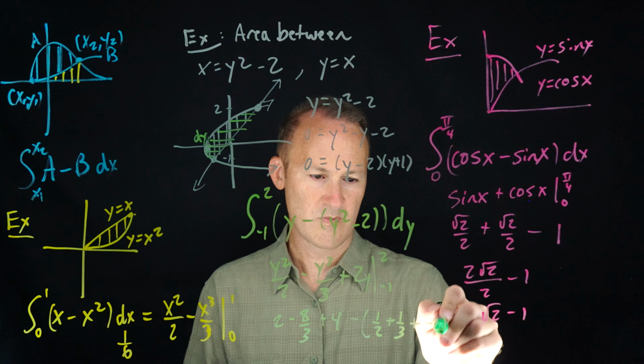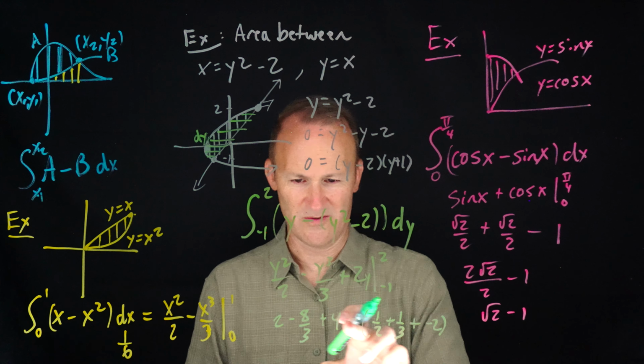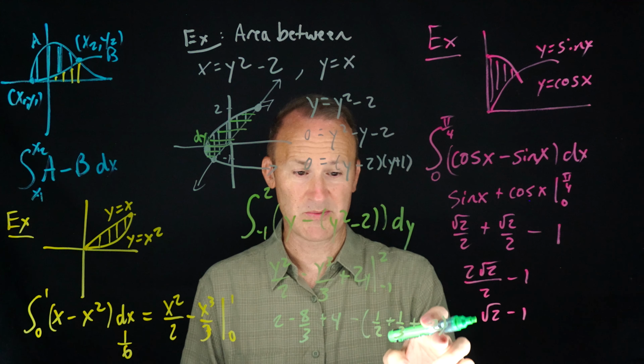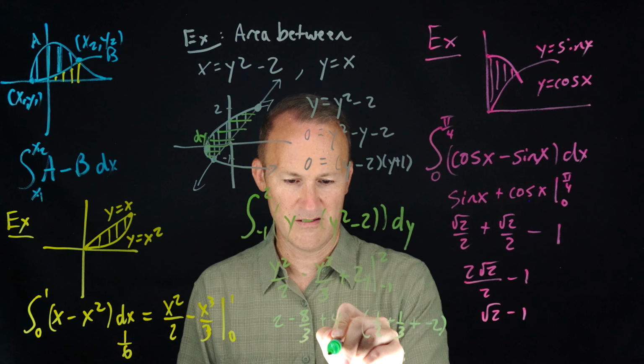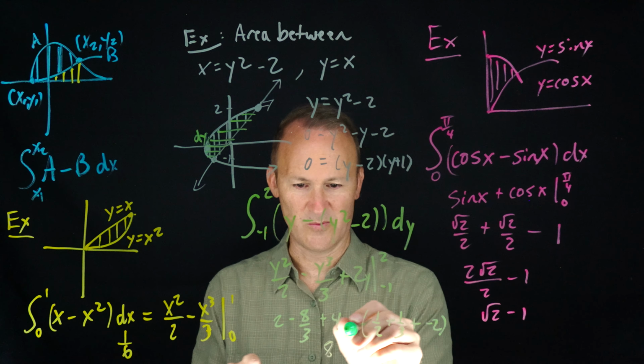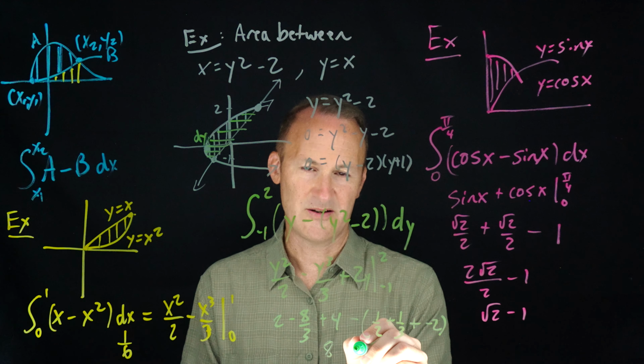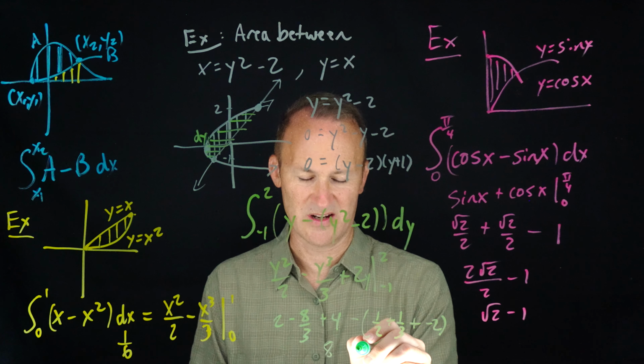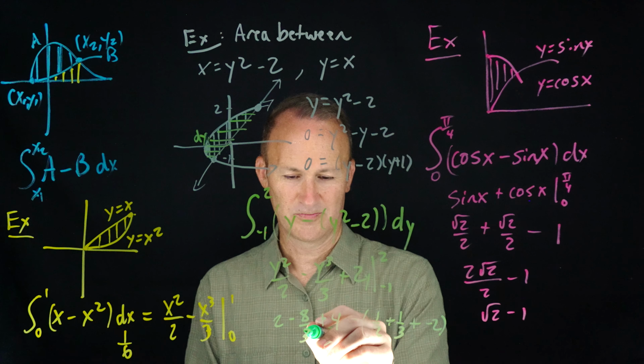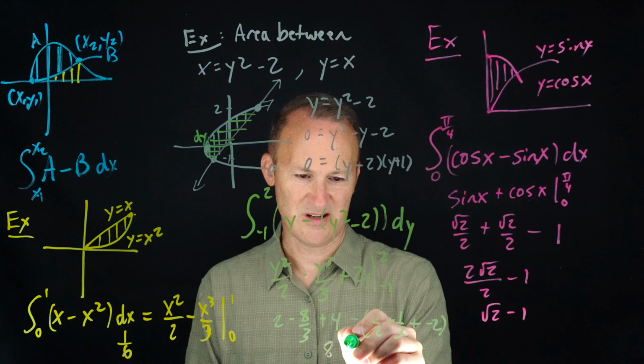Okay, so what is this when we add it all up? It's kind of a pain. Let's just do the 2 + 4 is 6. That becomes a +2, that's 8. So I get an 8, and then what's the rest of it? Well, to get the common denominator, it'd have to be 6. And so if I double it, I get -16.